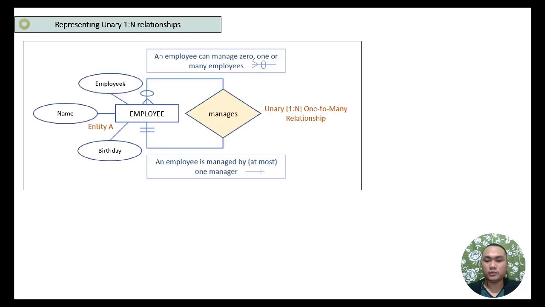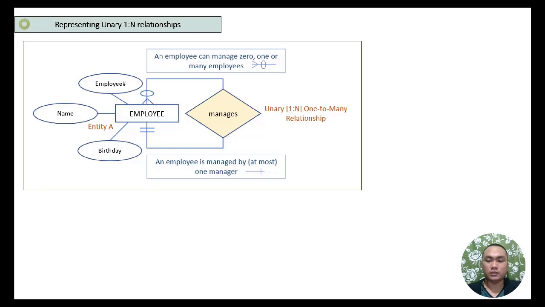In our sample ERD, we have the entity employee, which has the recursive one-to-many relationship manages. An employee is managed by one manager, and an employee can manage 0, 1, or many employees.